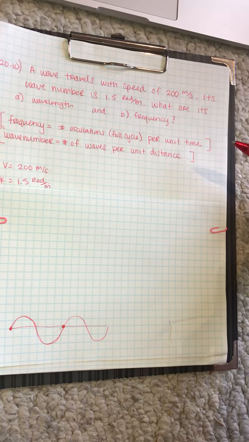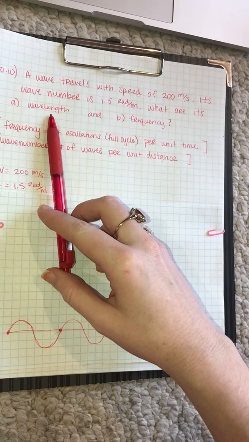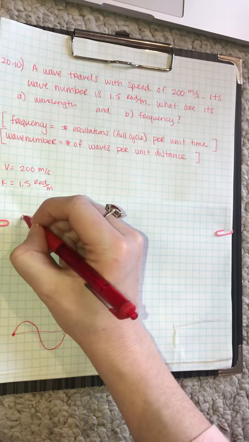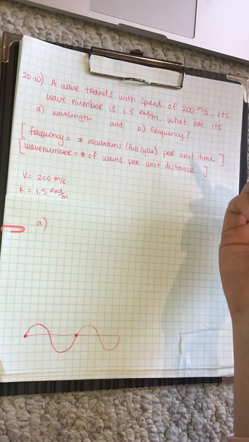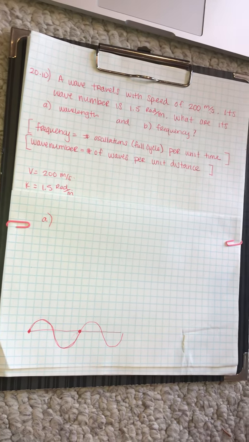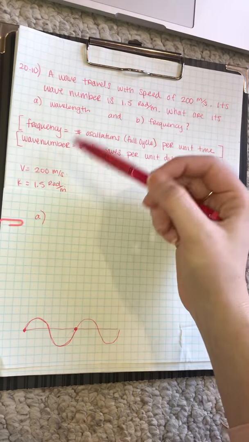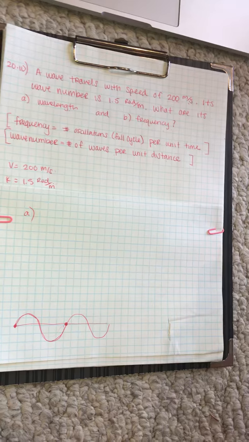Okay, so to start answering the questions that they ask, we start with part A, and they want to know the wavelength. So then we begin to think about what relationships do we know between what they're asking and what are given to us. Think of which formula may work for this problem.